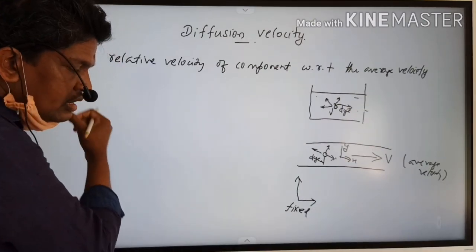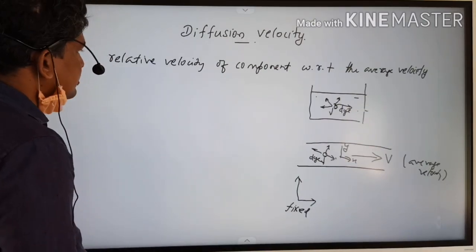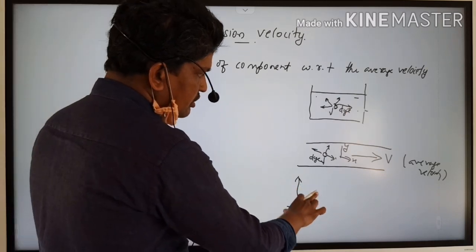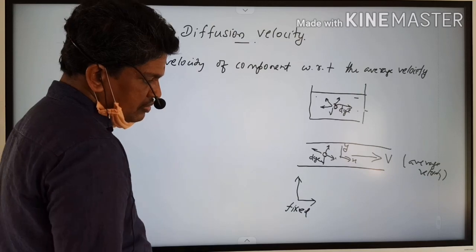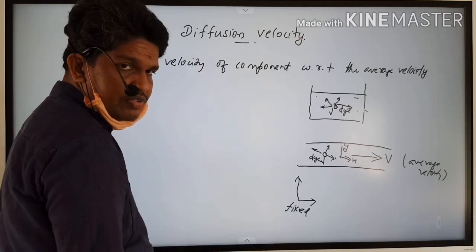Then similarly, the velocity of the dye can be expressed based on the fixed coordinate.